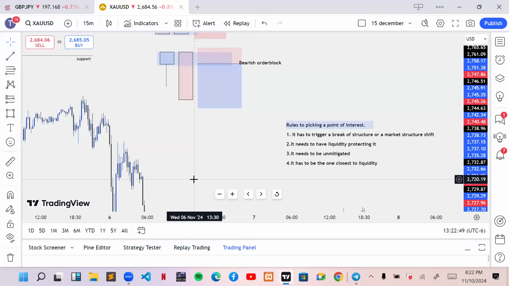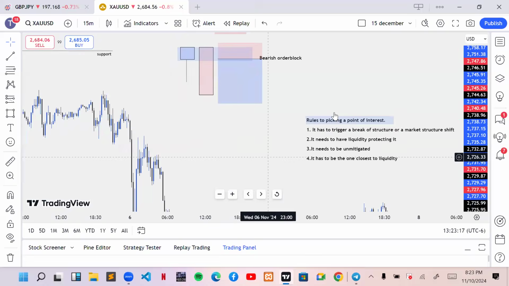The first rule to pay attention to is that the point of interest you're picking needs to have triggered a break of structure or a market structure shift. Remember, I said the first part of this strategy is market structure, be it market structure shift or break of structure. If the point of interest you're trying to pick has not triggered a break of structure, or does not have a market structure shift, there's no point picking that order block or breaker block.